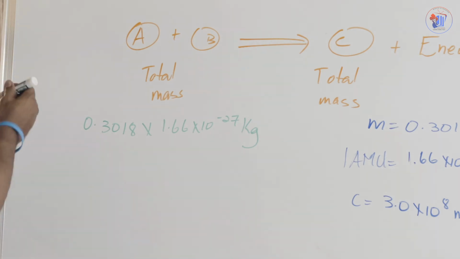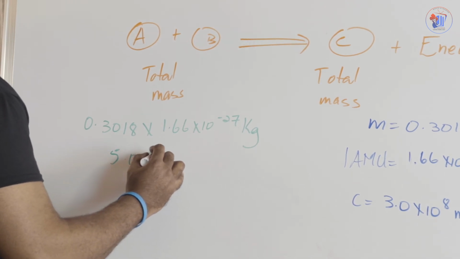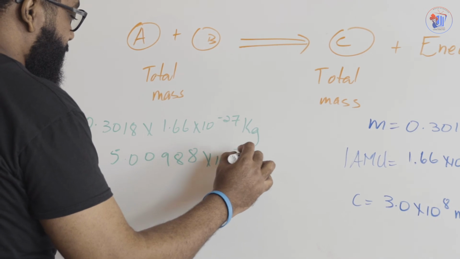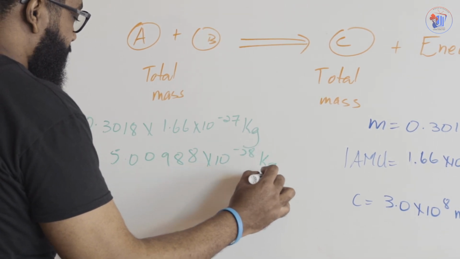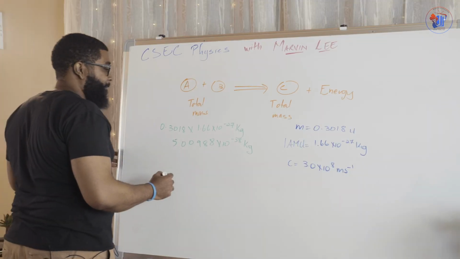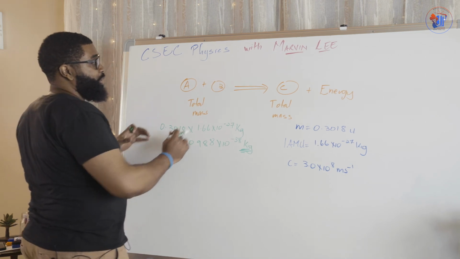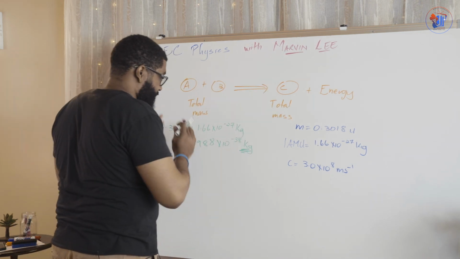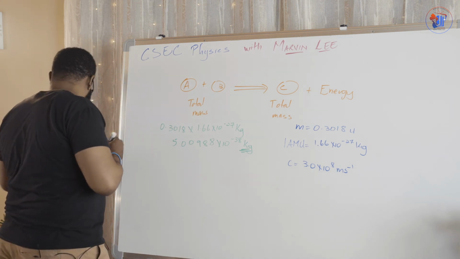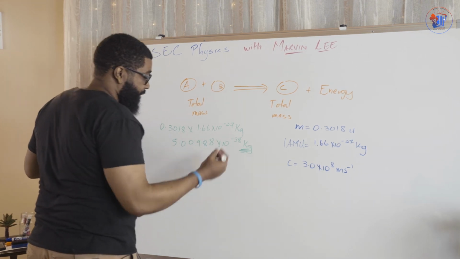The answer I obtained was 5.00988 times 10 to the minus 28 kilograms. And this is the mass that was lost between before and after the reaction. This is the mass that gave us energy. Now what we have to do, or what we're expected to do, is substitute this mass along with this value into the equation.